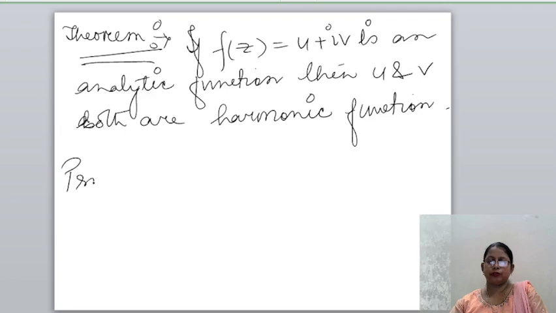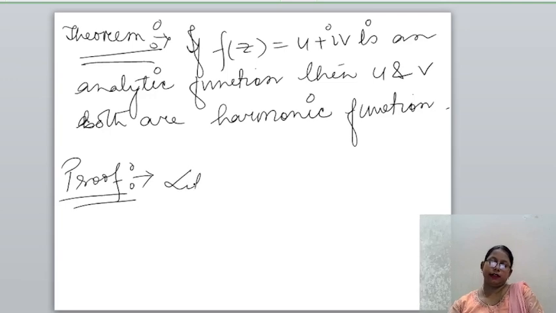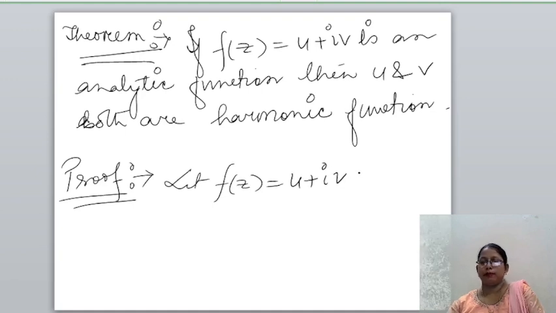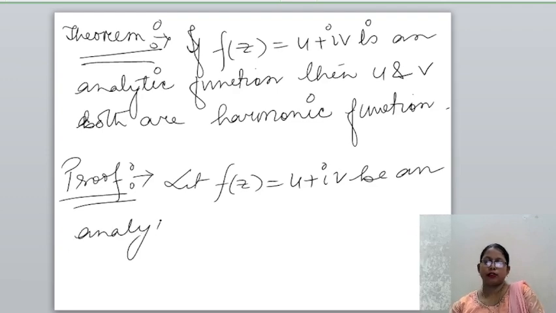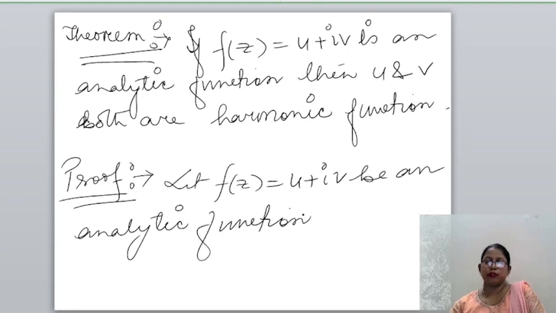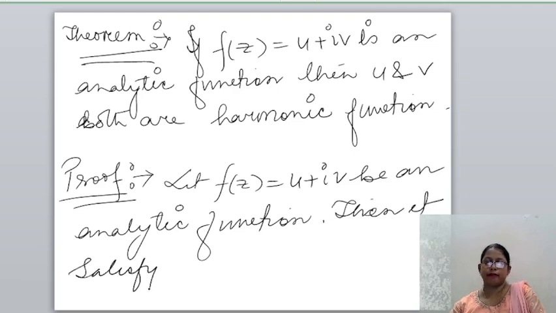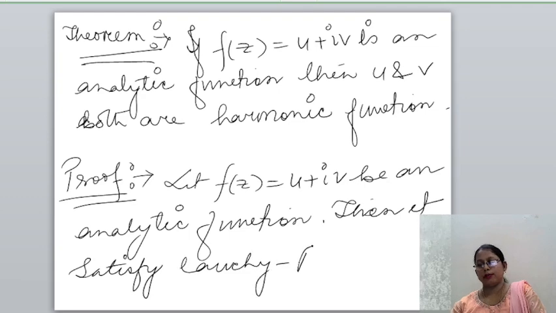Proof: let f(z) equal to u plus iv be an analytic function. Then it satisfies the Cauchy-Riemann equations.